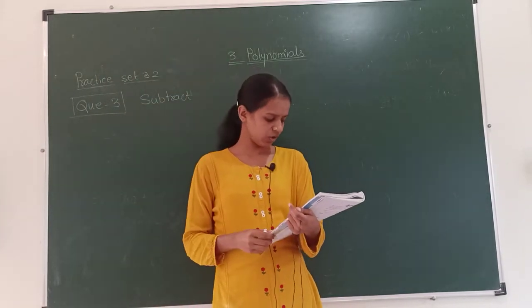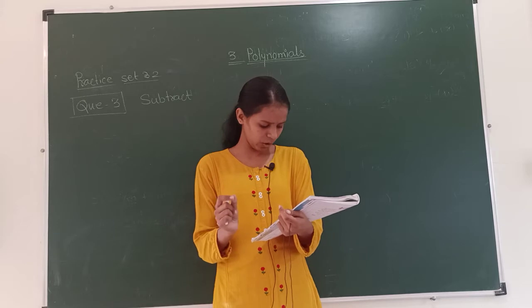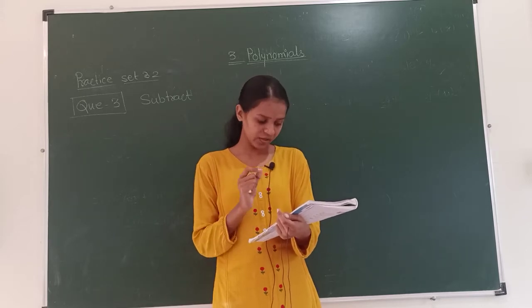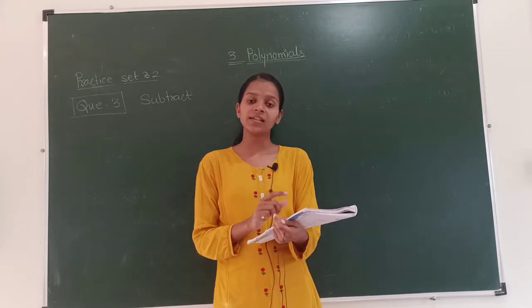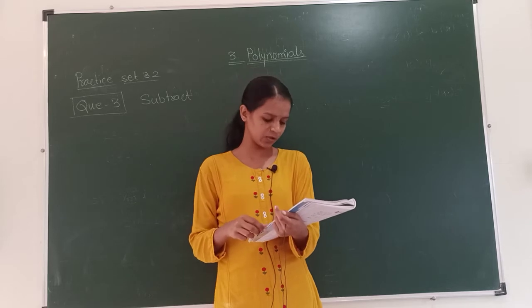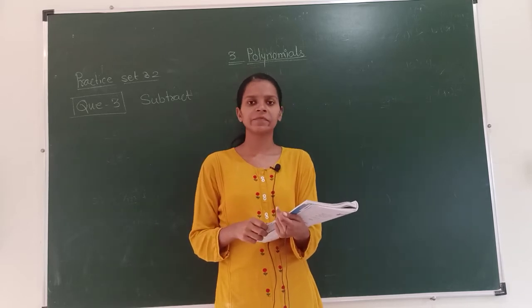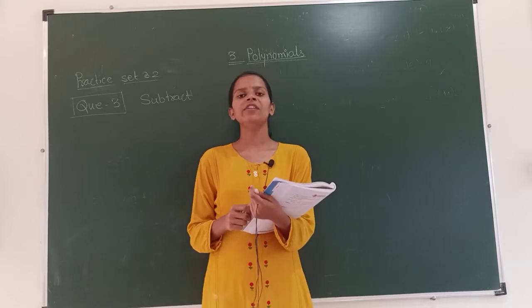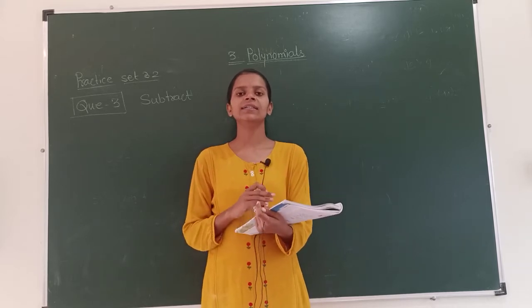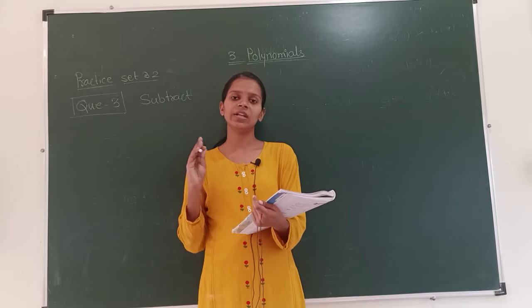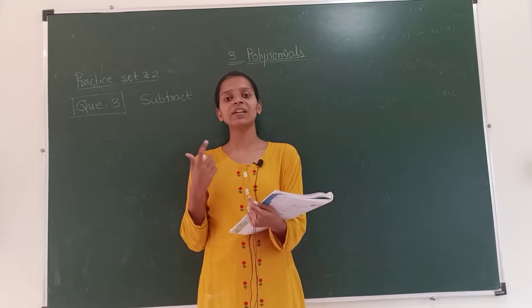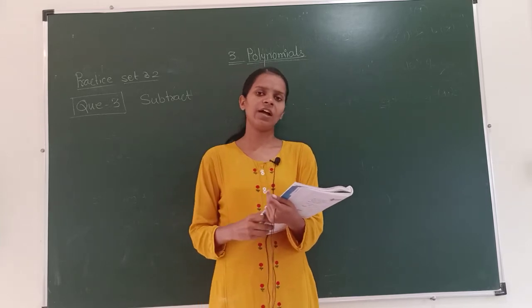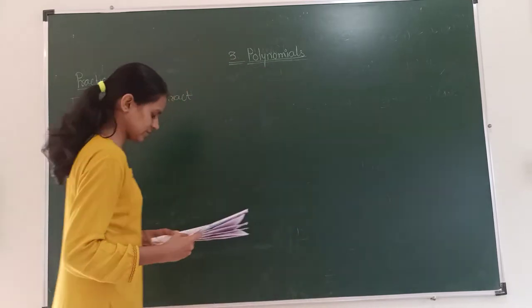So what we have to do is subtract the second polynomial from the first polynomial. We will solve this. Before that, the rule. What is the rule? If we are subtracting or adding like algebraic terms, then we just add or subtract the coefficients.